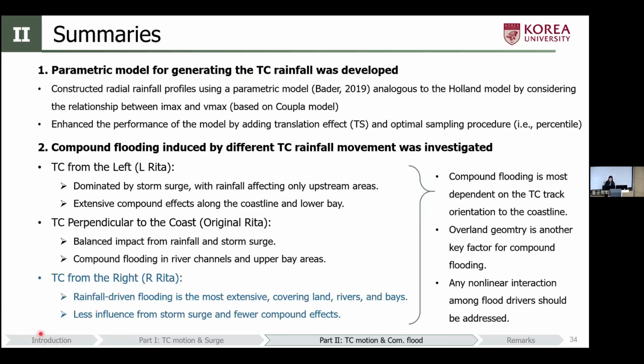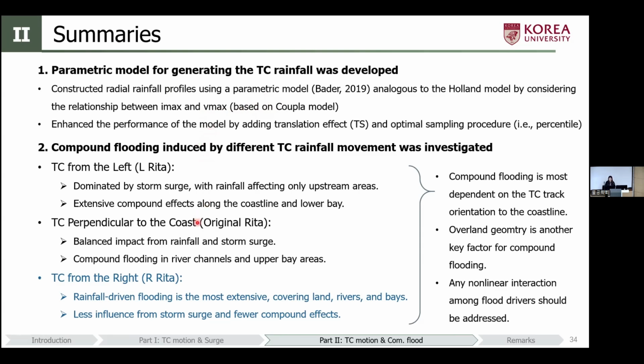And this is the summary about this part. We first developed the parametric model for generating the TC rainfall. This is based on the Coppola method, which can help us find the relationship between the maximum wind speed and the maximum rainfall intensity.